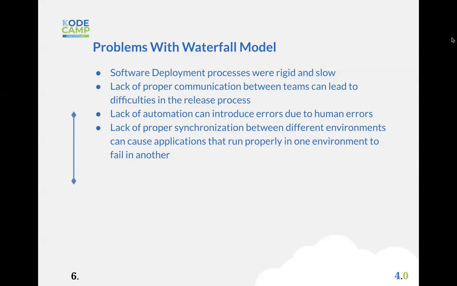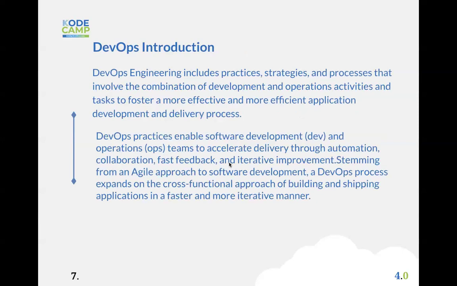So those are some things that we were seeing, with the development team being separate from the operations team, being separate from the business team, right? So there was need for a change. There was need for a new approach to development and product management and product delivery, right? Enter DevOps. So DevOps, what is DevOps really?